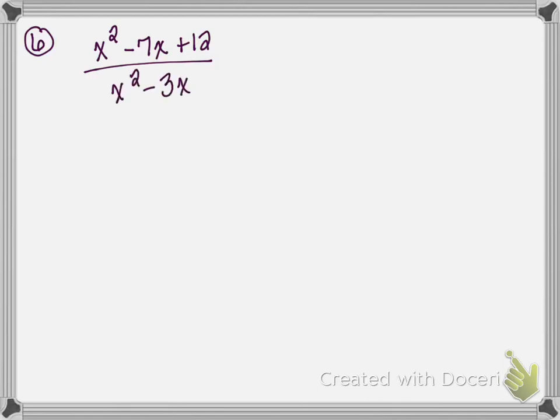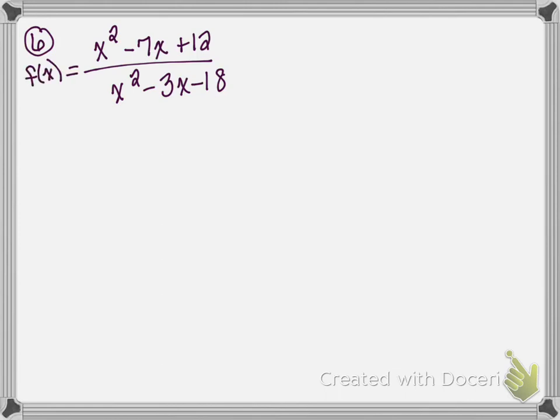Okay, so I am given the function x squared minus 7x plus 12 over x squared minus 3x minus 18, and we'll put this equal to f of x.